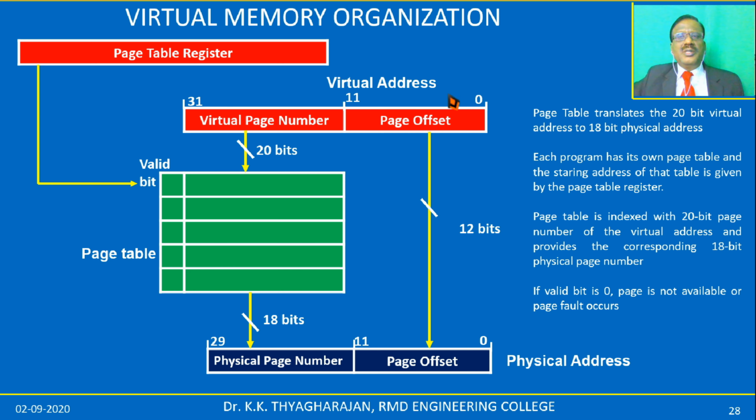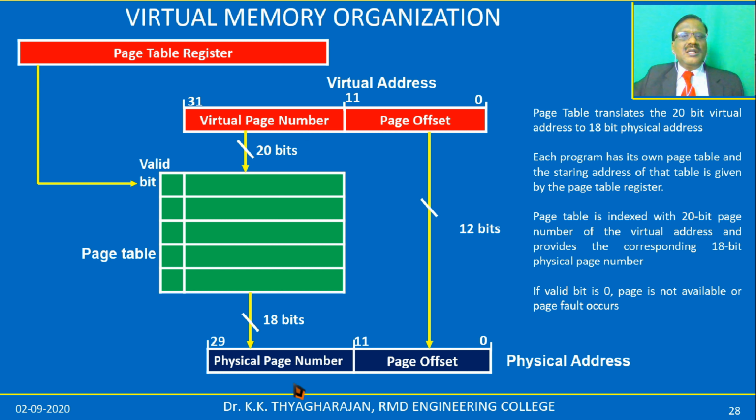Actually, these 12 bits are used to access all the locations within that page. Then, bits 12 to 31 are used to indicate the page number of the virtual memory. Here, you have a 20-bit address to indicate the page number.